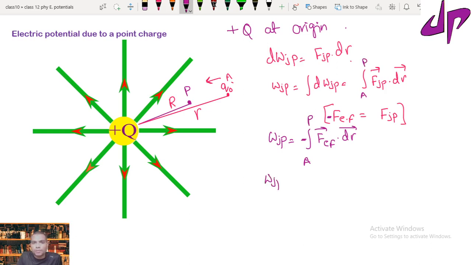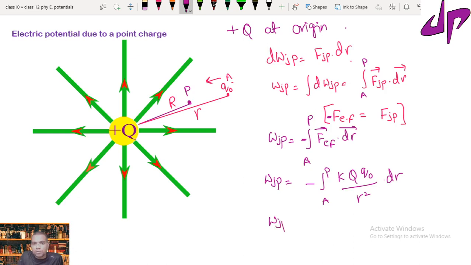So the work done by me equals, I can write the Coulomb force formula here, negative of the integral from A to P of the Coulomb force, which I can write as K capital Q small q naught upon r squared times dr. Now we can flip these limits to remove the negative sign.